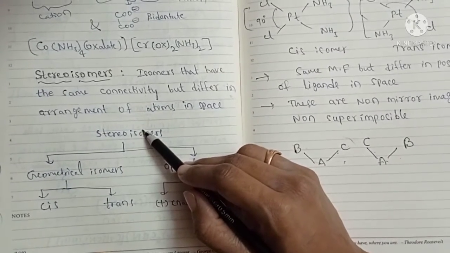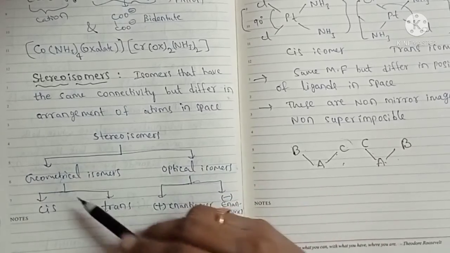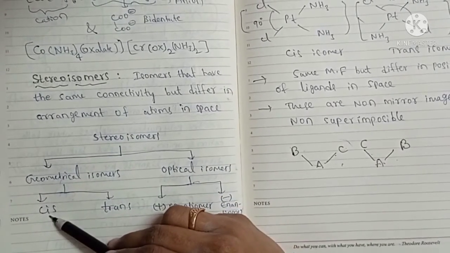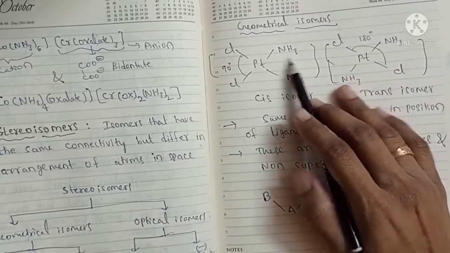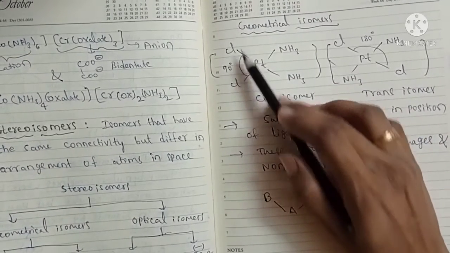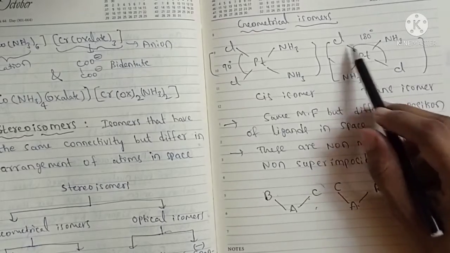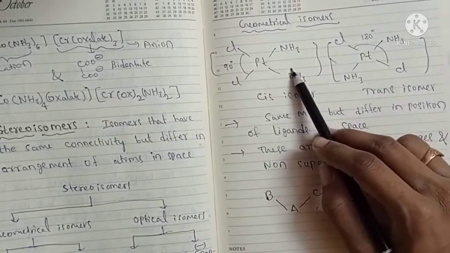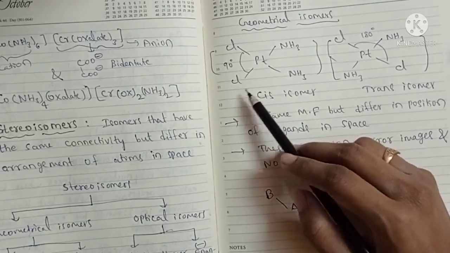Isomers that have the same connectivity but differ in arrangement of atoms in space. Stereoisomerism is classified into geometrical isomerism and optical isomerism. Geometrical isomerism means cis and trans. For example, here two chlorines are on the same side, and here the two chlorines are on opposite sides, but they contain the same molecular formula: Pt, NH3 taken twice, Cl taken twice.